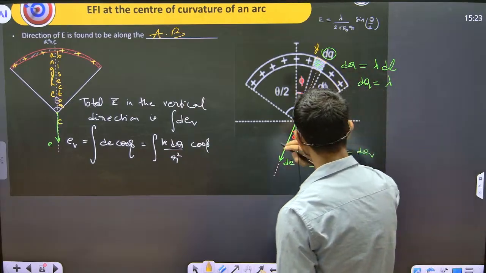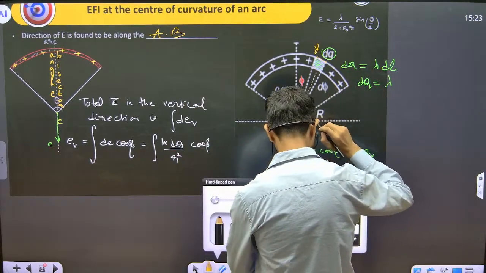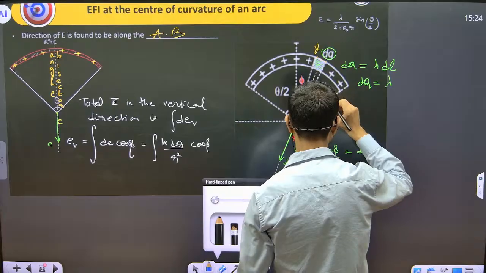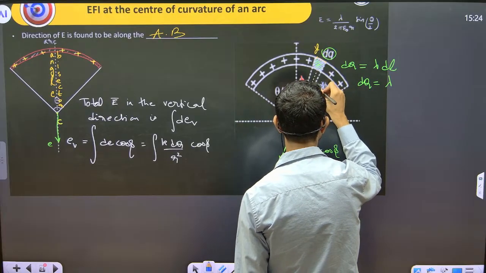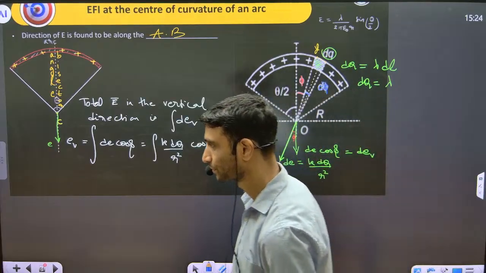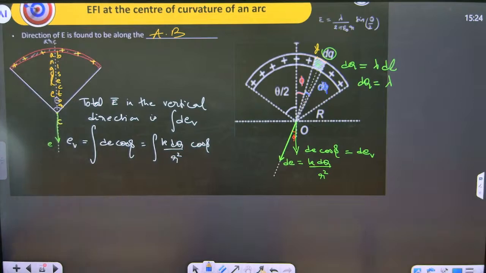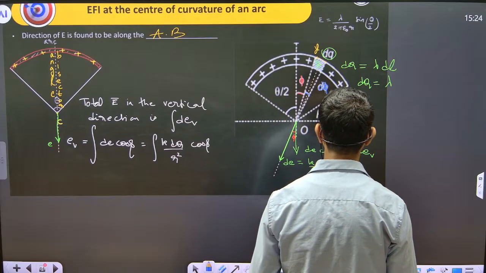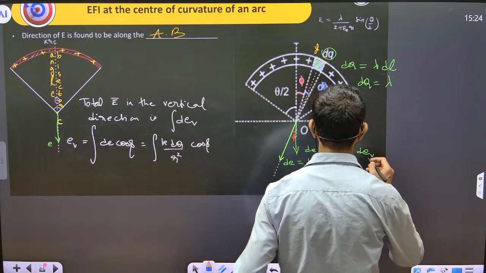Okay, what will be the relation? And also, don't you forget that this angle is how much, guys? This teeny tiny angle here, blue color. This angle is d phi, right? Can you guys see it from here? The diagram is it clear? Okay, d phi. Now, I can write theta is equal to L upon R, right?